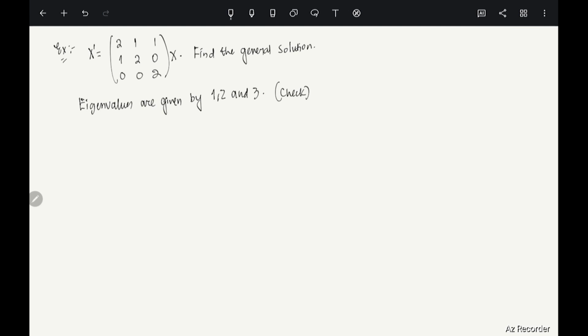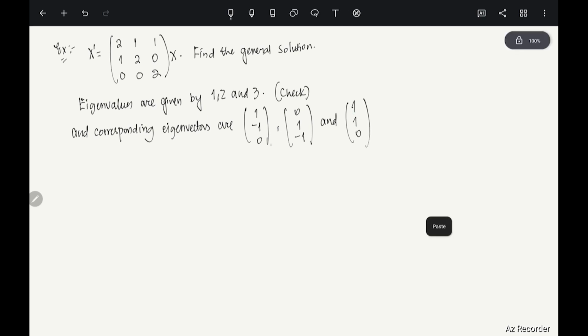The corresponding eigenvectors: corresponding to 1, we have 1, minus 1, 0. Corresponding to 2, we have 0, 1, minus 1, and corresponding to 3, it is 1, 1, 0.